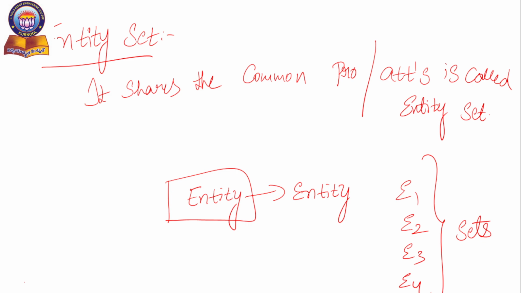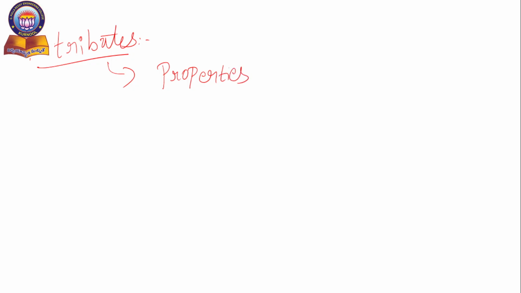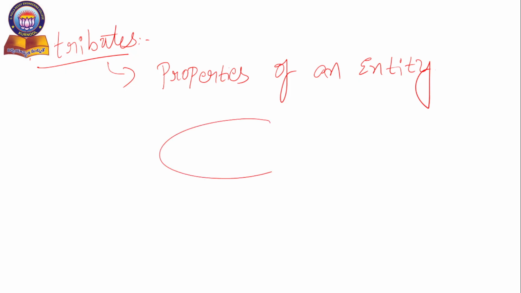Next, move to the attributes. Attributes are nothing but the properties of an entity. The attribute symbol is represented as an ellipse.